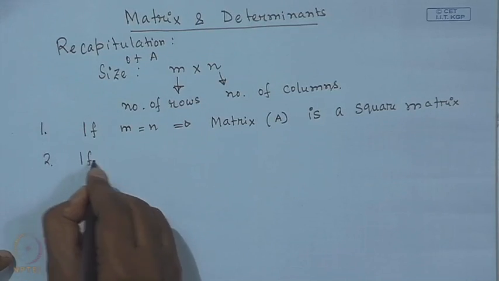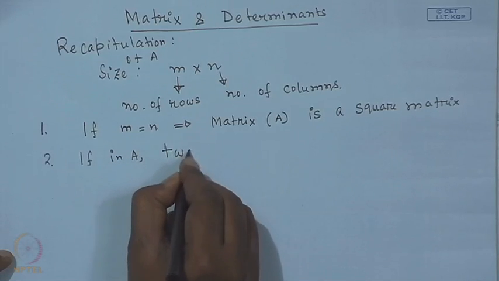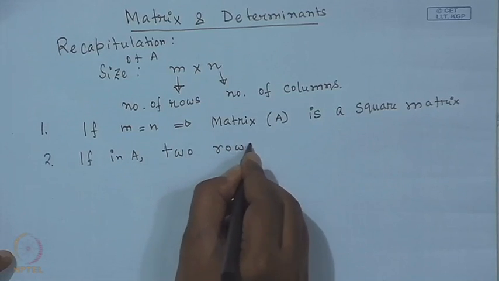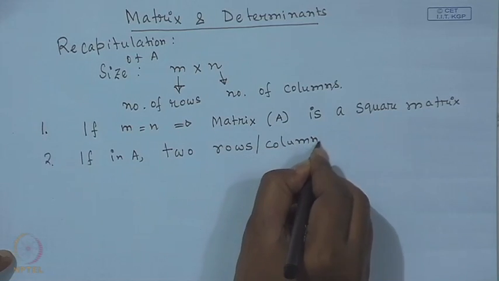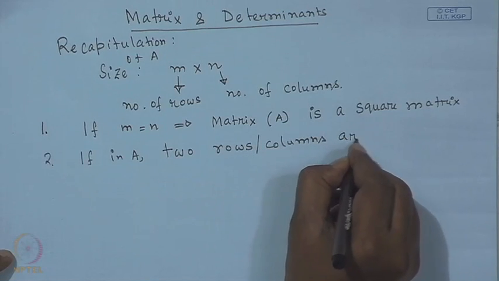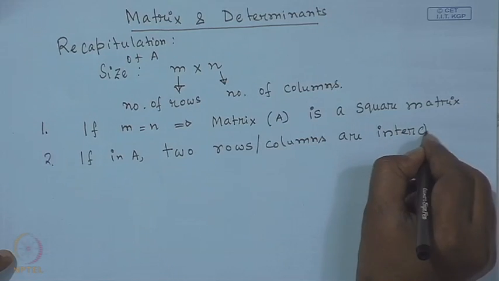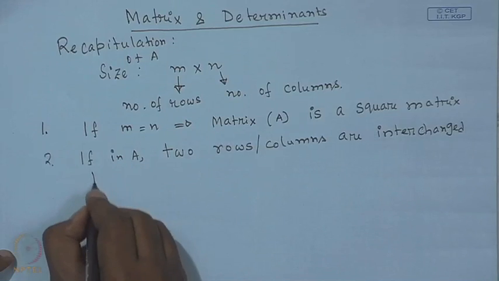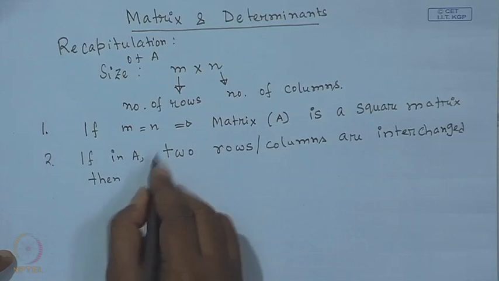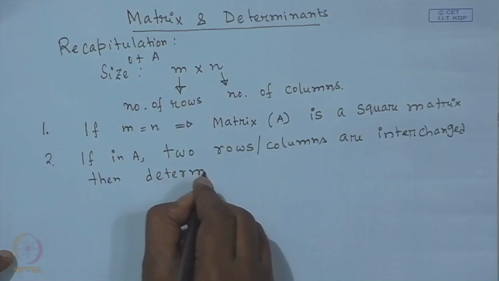If in A 2 rows or columns are interchanged, then the determinant changes its sign.